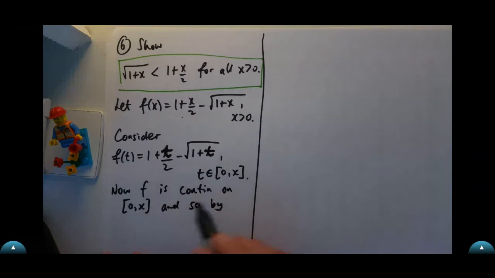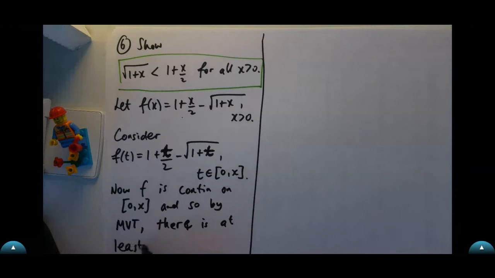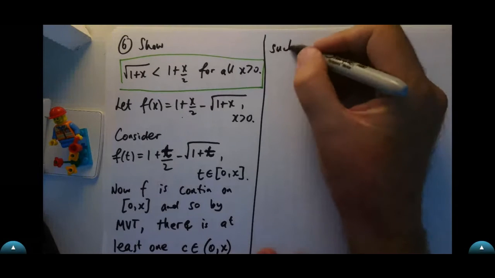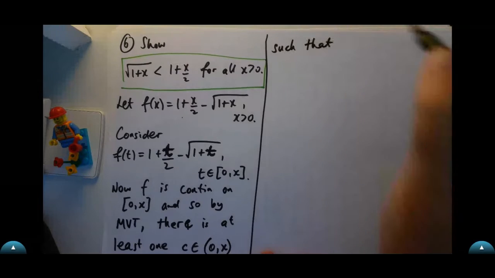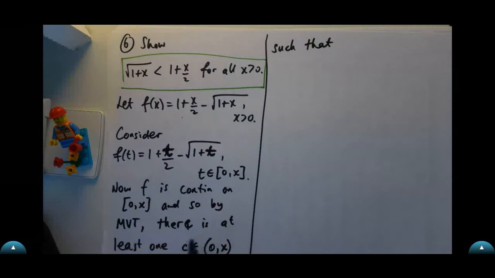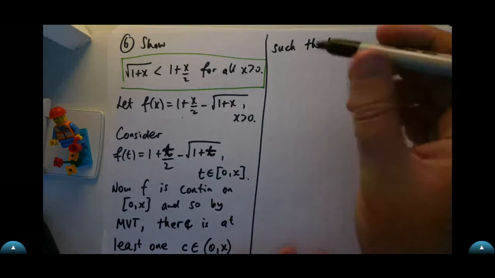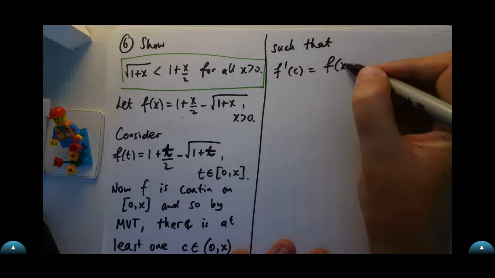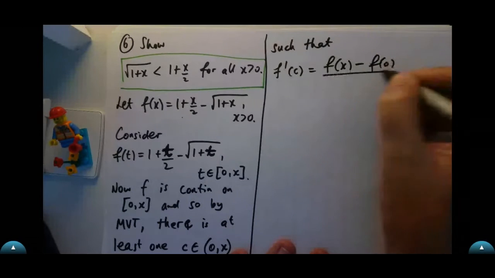And so by the MVT, there is at least one point c such that, okay, so by the mean value theorem, there is at least one point c, strictly between 0 and x, such that this is true.